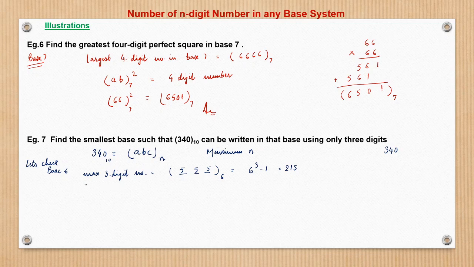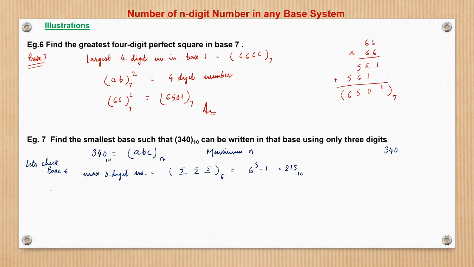So the maximum 3-digit number which base 6 can have is 215. Certainly 340 cannot be there in base 6, because 215, in the decimal system, is the maximum number which can be accommodated in 3 digits in base 6. So certainly base 6 cannot take this.